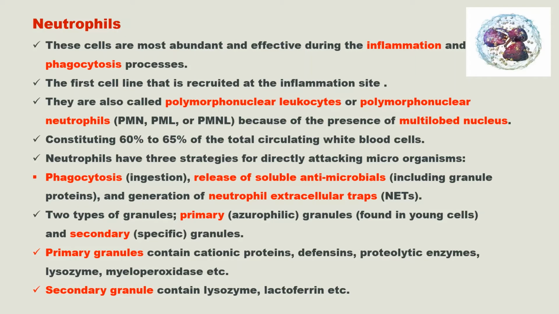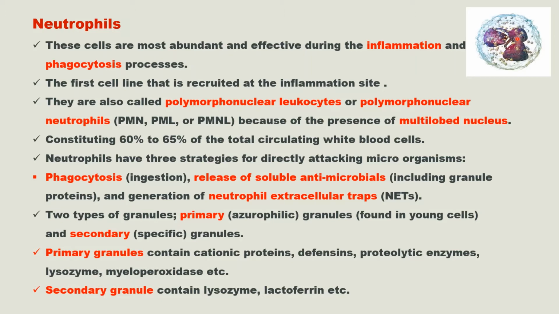They are also called polymorphonuclear leukocytes or polymorphonuclear neutrophils, PMN, PML or PMNL, because of their multi-lobed nucleus. In this figure you can see that more than one lobe is present in the nucleus.